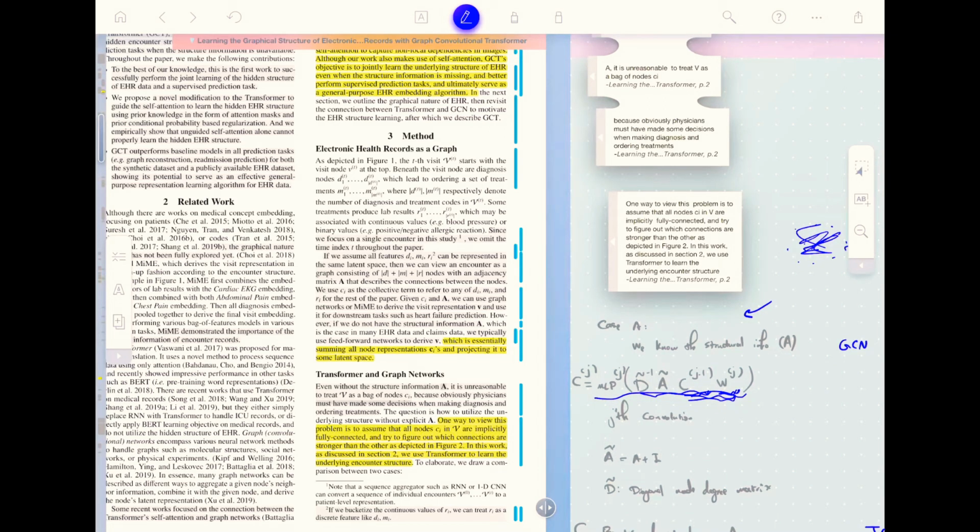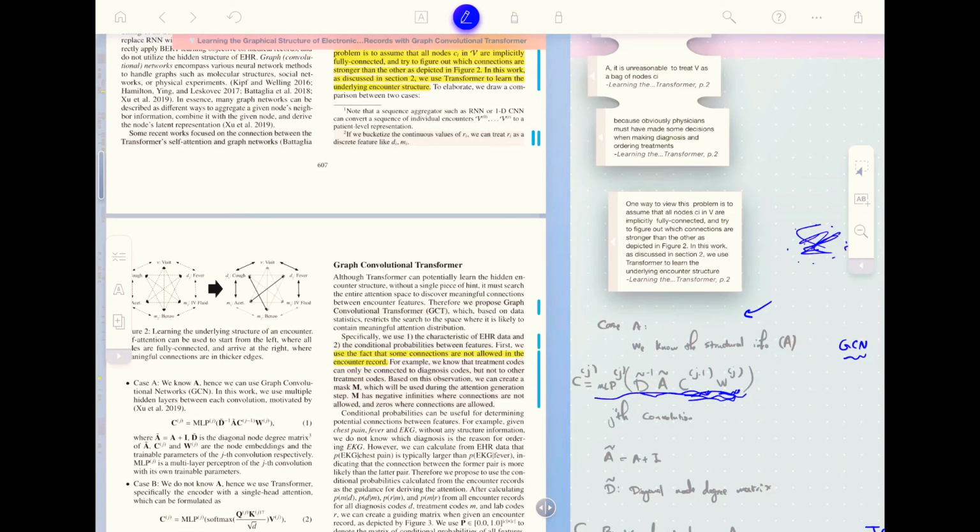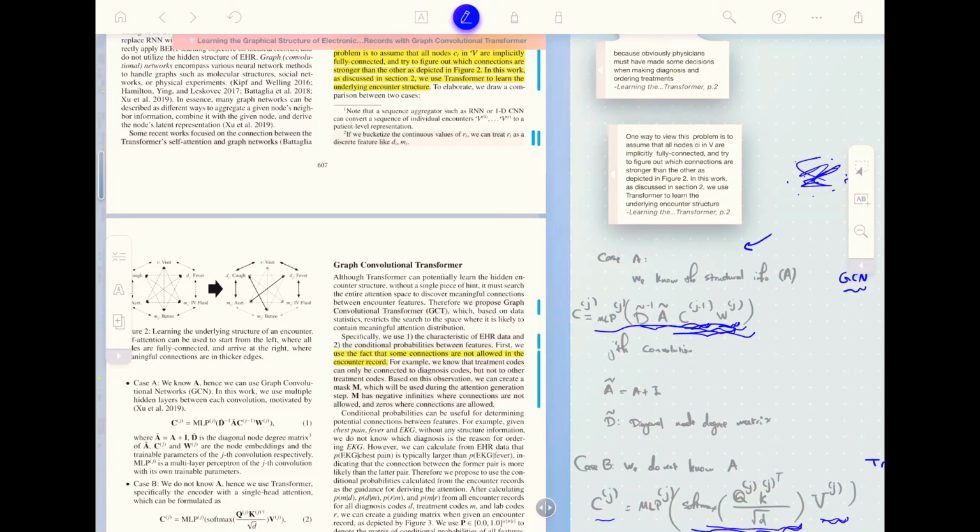So let's go over the different cases and the proposed methodology. First, we have the graph convolutional neural network. For the graph convolutional network, we should know what the structure is. So assuming that we know the structure, we have the adjacency matrix A, and we have this formula for computing the next set of representations for nodes.